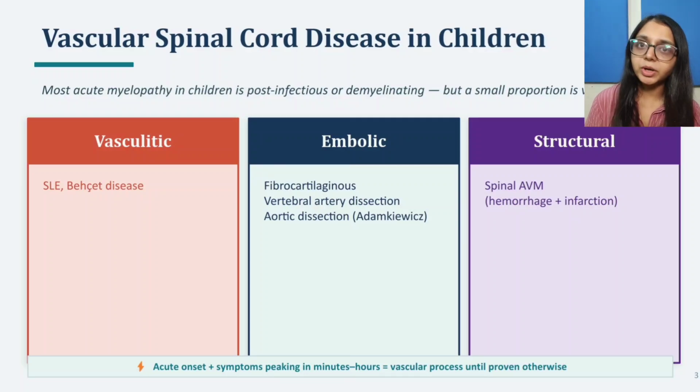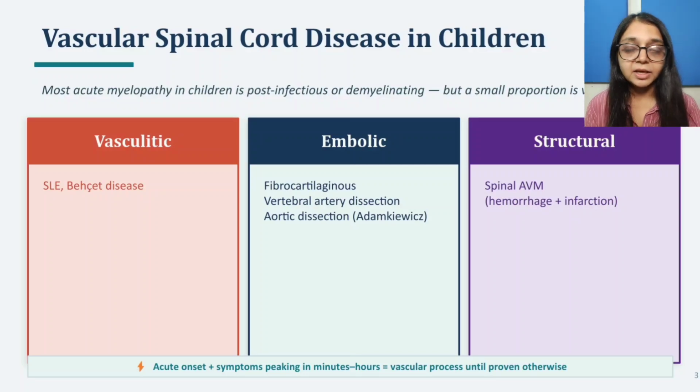Number 2, embolic events, including fibrocartilaginous embolism, where nucleus pulposus material gets into the spinal cord vasculature, embolism from vertebral artery dissection, and embolism from aortic dissection at the artery of Adamkiewicz. And rarely, arteriovenous malformations of the spinal cord can cause myelopathy and hemorrhage. We should always have this on our radar.